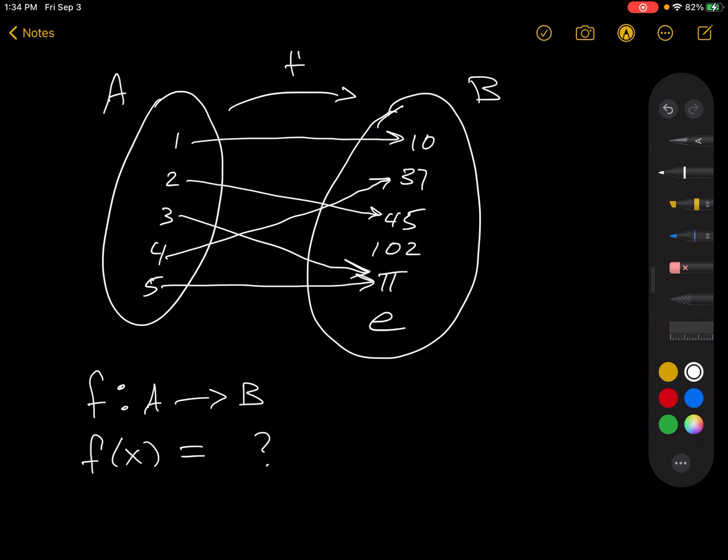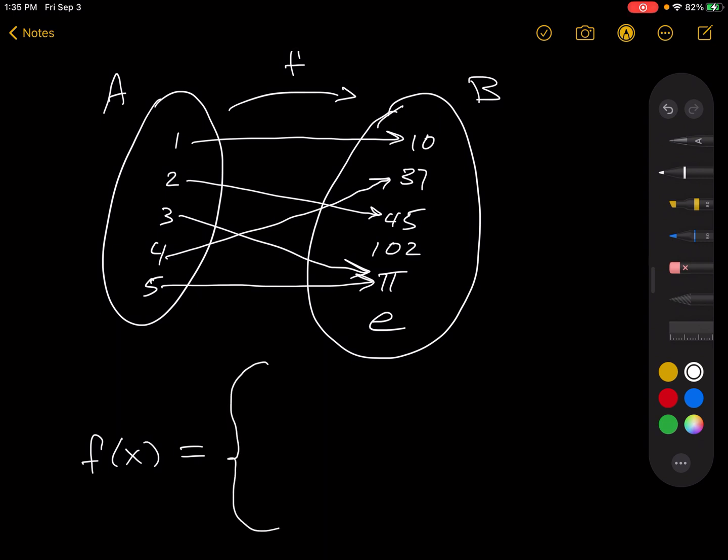How I could possibly specify a rule, but this will motivate why you don't really need to have a rule for this. Okay, the rule that you could specify would be something like a piecewise function.